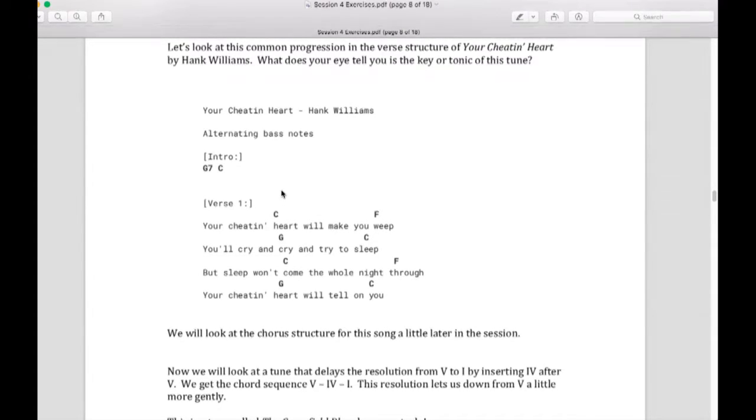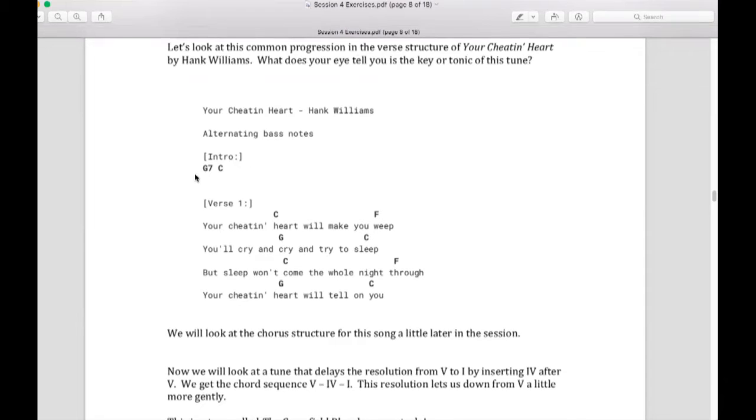They really are, because your best songwriters will do that. Your cheating heart, that's at rest, right, will make you weep. Intermediate tension, you'll cry and cry. More tension, yeah, and try to sleep. Yeah, I mean, there really is an emotional movement, at least for me, in the acoustic sound.